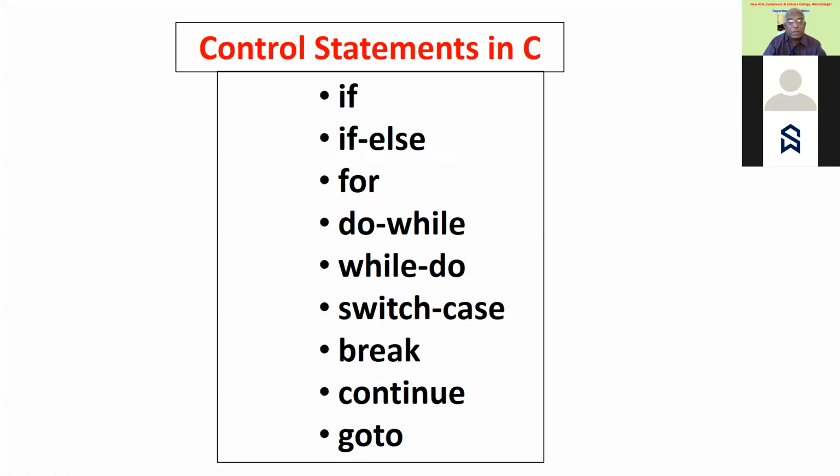I have given here the list of control statements that are very frequently used in C programming. And today I am going to talk on if and if else statements.